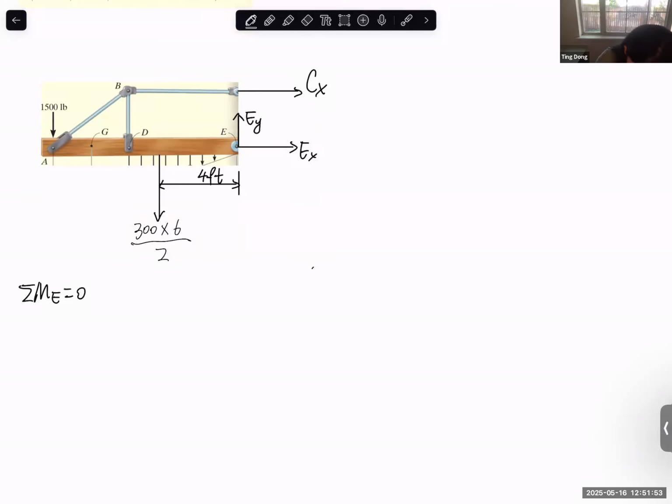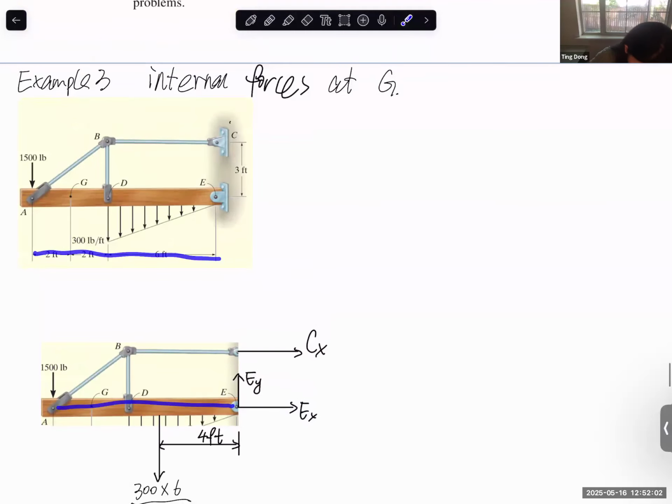And the moment about E, first, this one will generate a counterclockwise moment. And the moment arm, this one is 10.